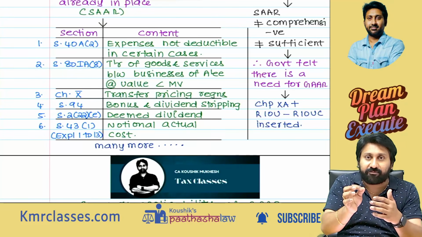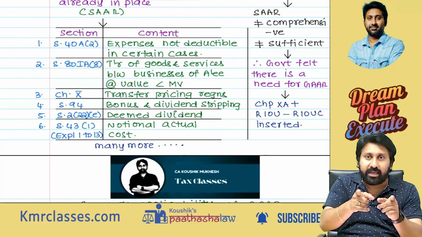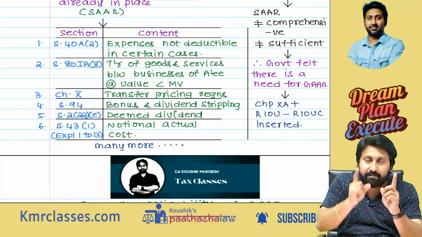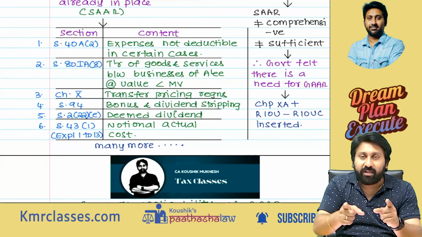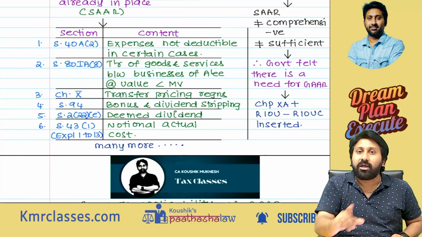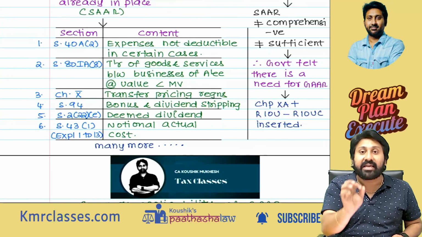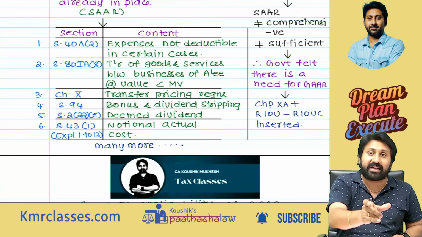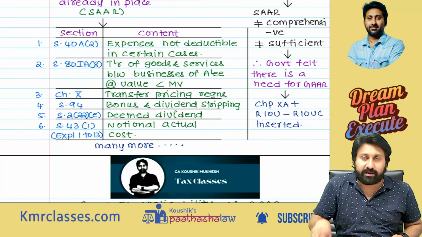Then the assessing officer, if he gets a doubt on you, will send a notice and demand a reason why you purchased at a higher cost. If there is no proper reason from your side, he will not consider your price. He will consider the fair market value of that asset as the value of that particular asset.